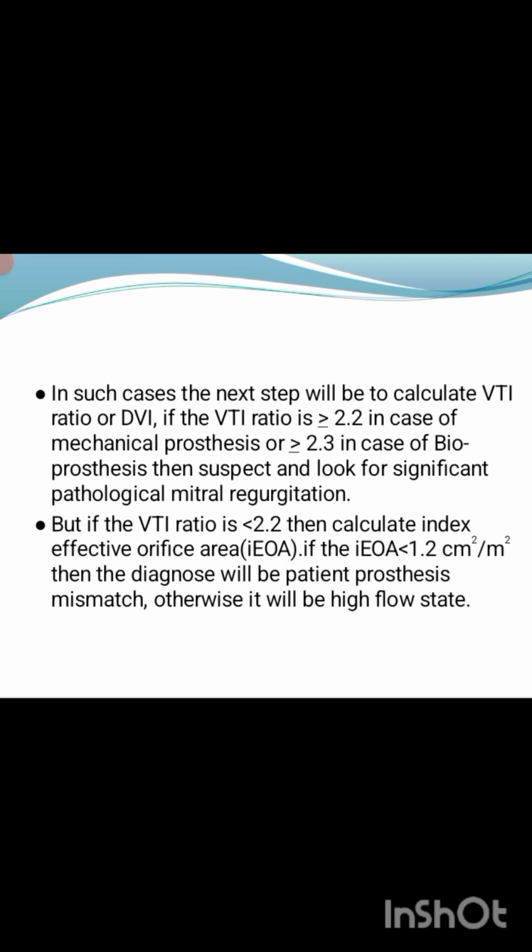But if the VTI ratio is less than 2.2, then calculate the indexed effective orifice area. If the indexed effective orifice area is less than 1.2 centimeter square per meter square, then the diagnosis will be patient prosthesis mismatch. Otherwise, it will be a high flow state.